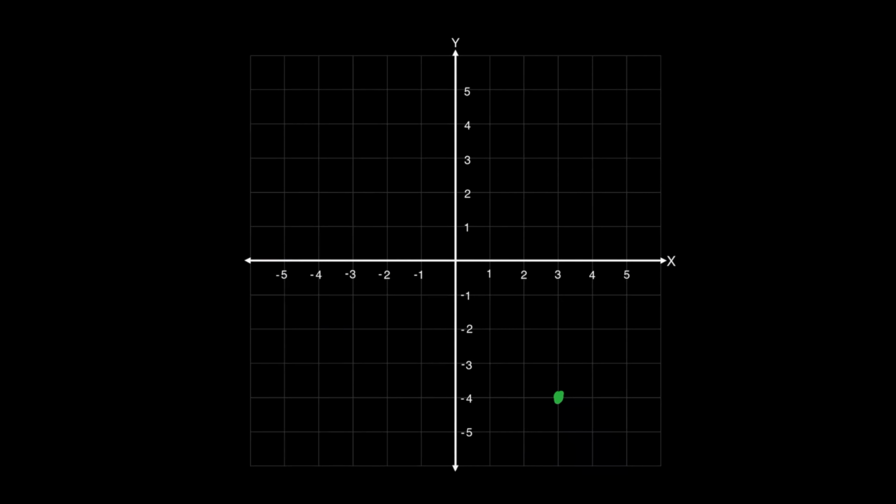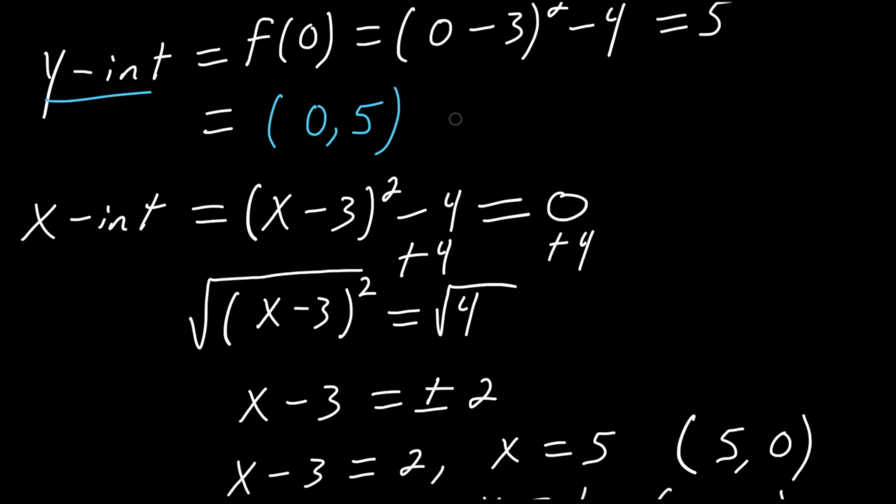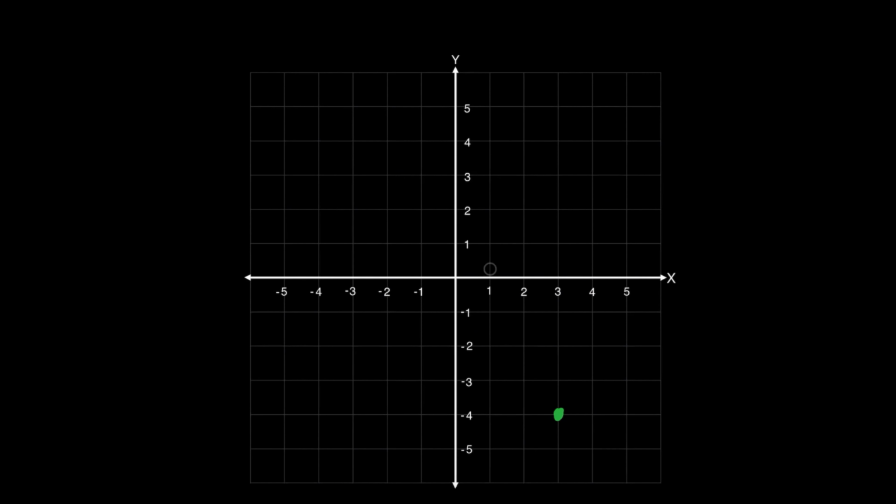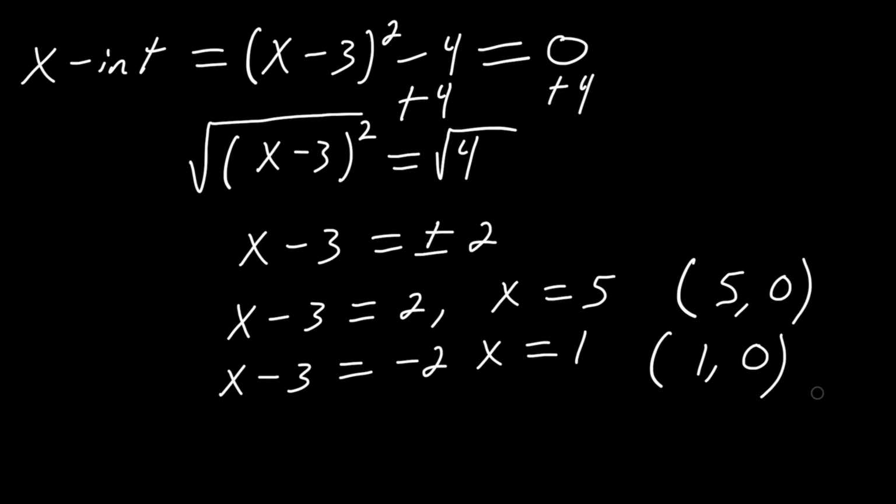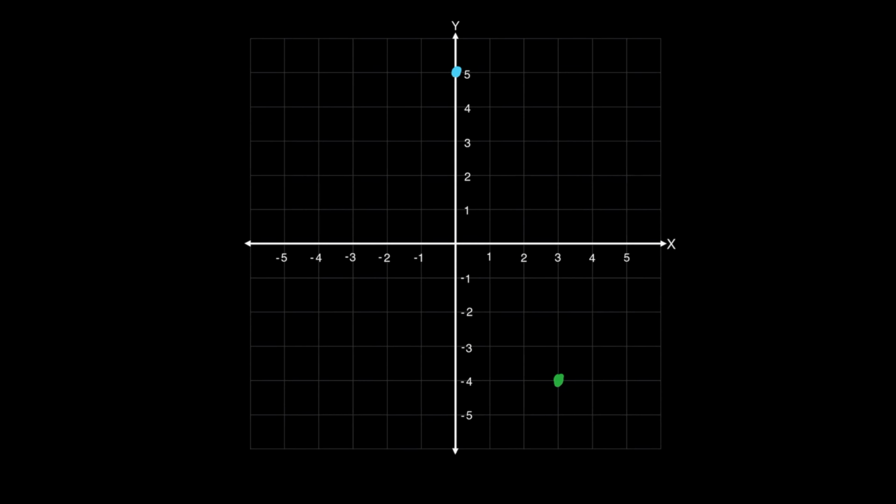So let's keep plotting the next points. Our y-intercept is (0, 5). X equals 0, y equals 5, and it's right over here. And now we just need to graph the x-intercepts. That's going to be (5, 0) over here, and (1, 0) right there.